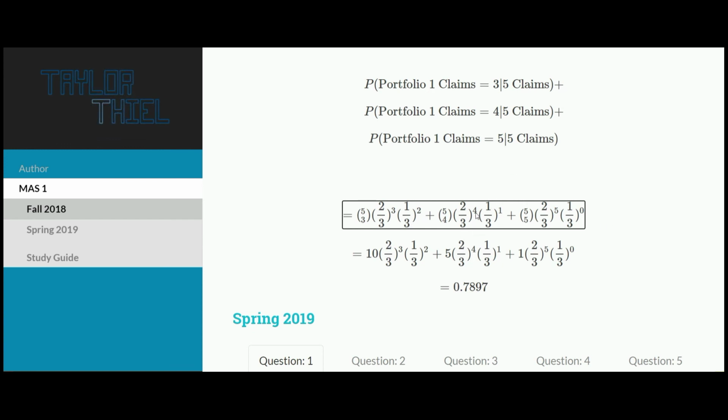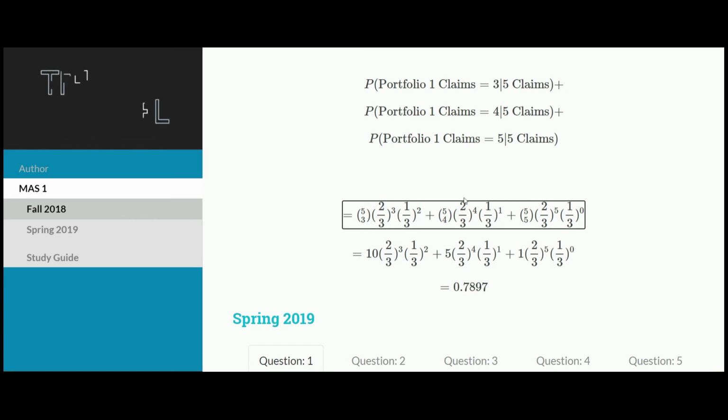But that can happen in multiple orders, right? Just because it's simpler, let's actually go to the middle one. If we only had one event come from portfolio 2, the first claim came from portfolio 2, or the second claim did, or the 3rd, 4th, or 5th.